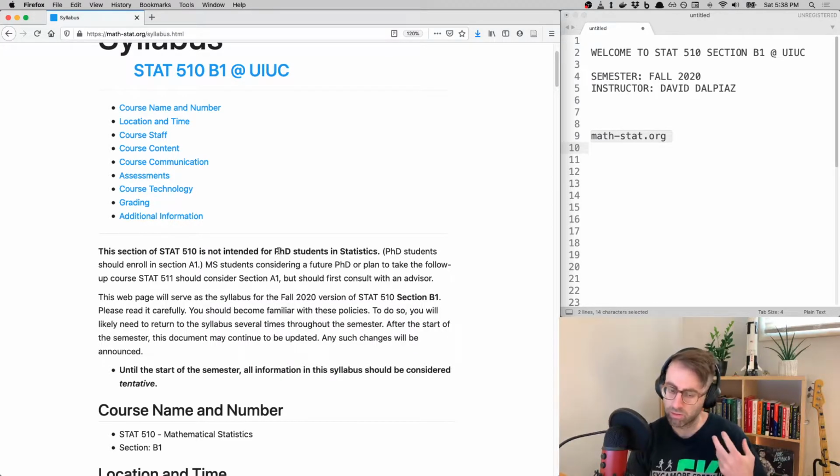So both the level and maybe more so the content of the course will be different than section A1, which would be appropriate if you're currently a PhD student, plan to someday be a PhD student, or simply would like to take Stat 511. So everyone else, this class makes sense for you, but those students, especially PhD students, absolutely need to be in section A1.